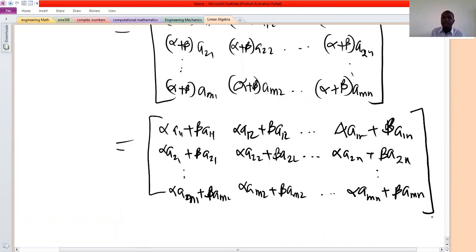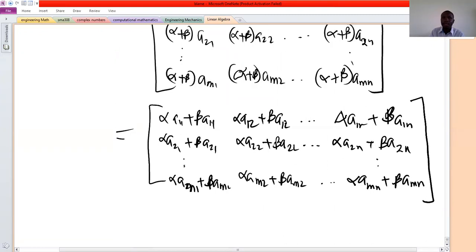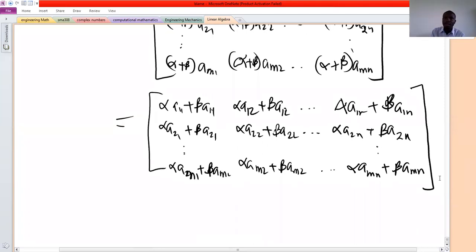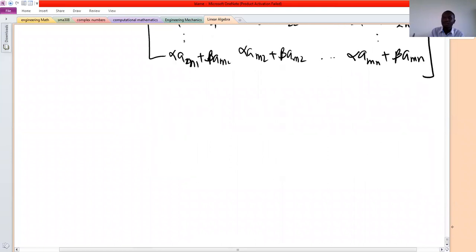And this is the same thing as having the matrix alpha aij's plus the matrix beta aij's.